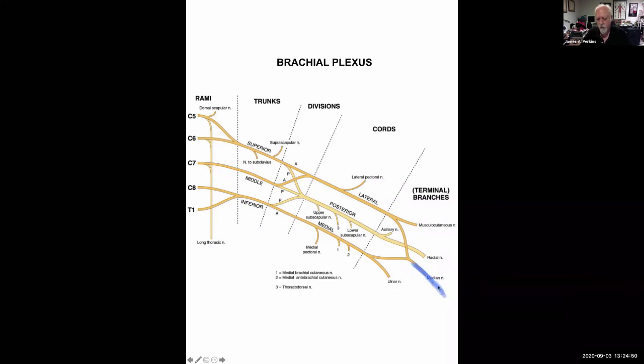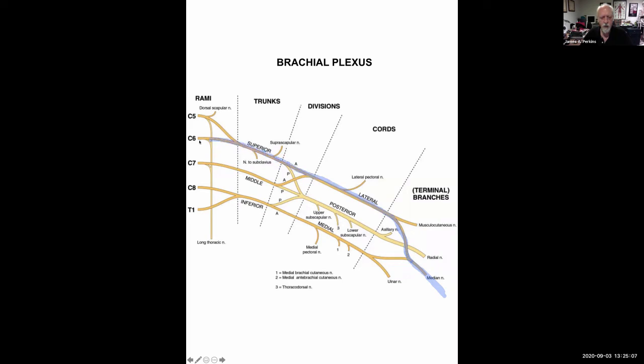So they would show up on that first map as being part of the median nerve. But then those neurons would be passing through this limb of the median nerve, through the lateral cord, through the anterior division of the superior trunk, and back to the ventral ramus of C6, and back to the spinal cord at C6.